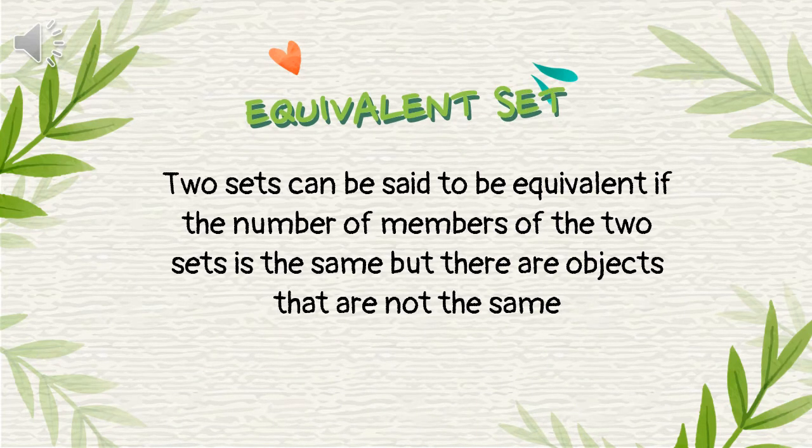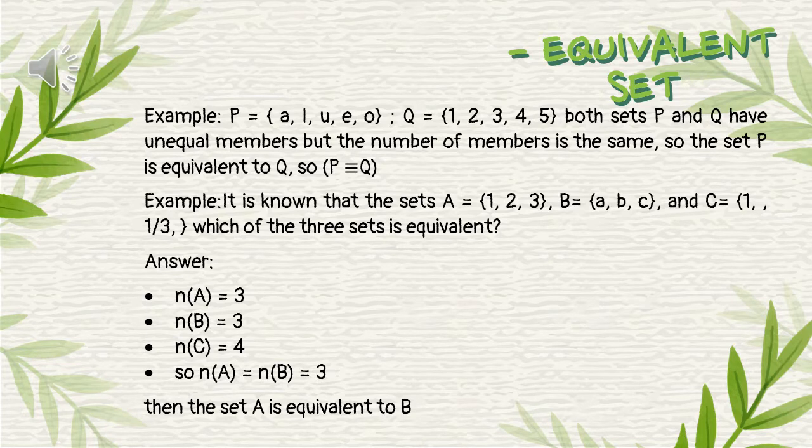Two sets can be said to be equivalent if the number of members of the two sets is the same but the objects are not the same. For example, set P is {A, I, U, E, O}, and set Q is {1, 2, 3, 4, 5}. Both sets P and Q have unequal members, but the number of members is the same. So the set P is equivalent to Q, written P ~ Q.